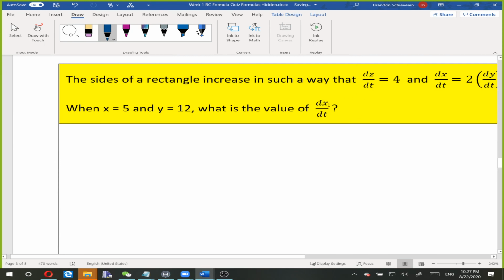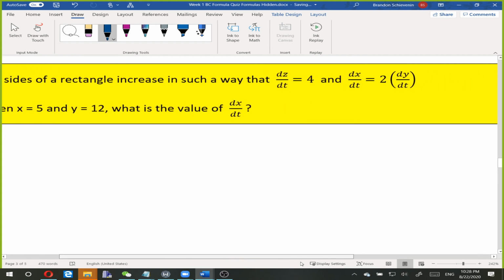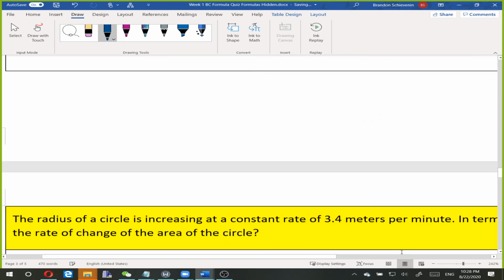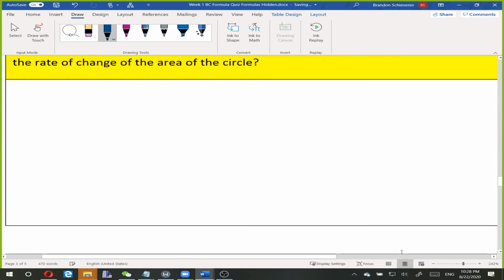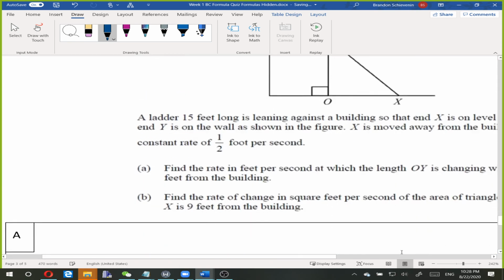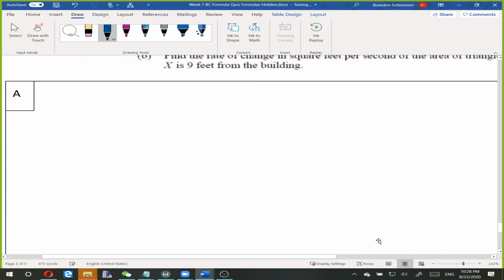Okay, all of the rest of these are related rates problems. Okay, I think the rest of these are good.